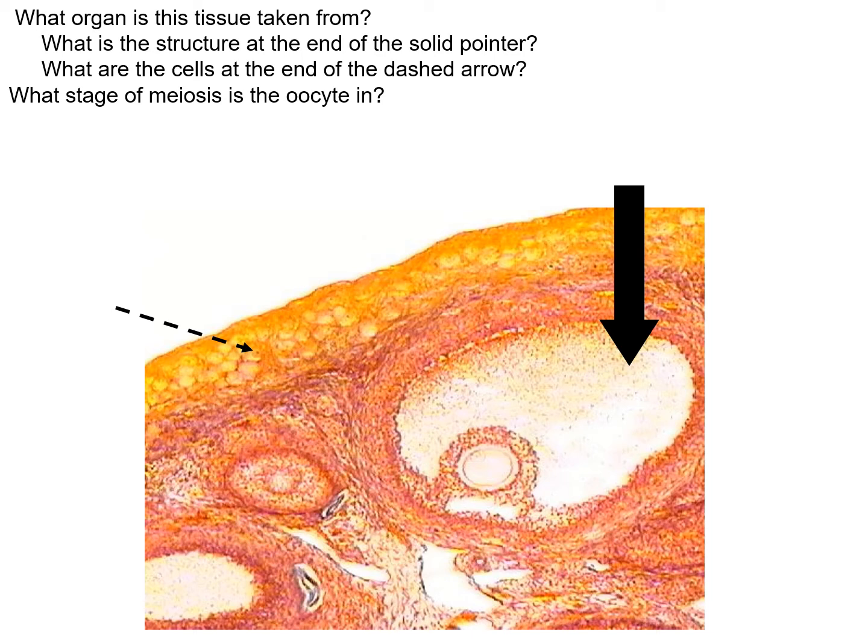And what cells are at the end of the dashed arrow? Oh, those are the little baby ones. Primordial follicles. That's true. That's the structure, but what cell is in them? Granulosa.